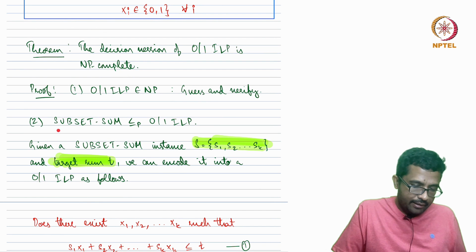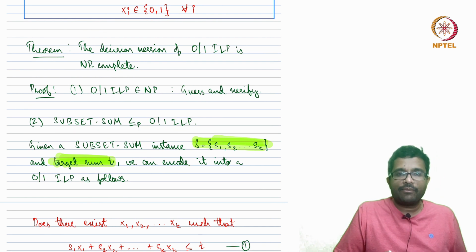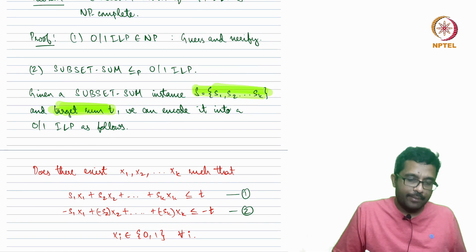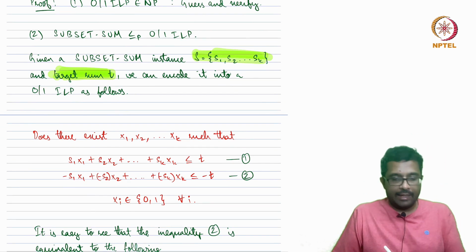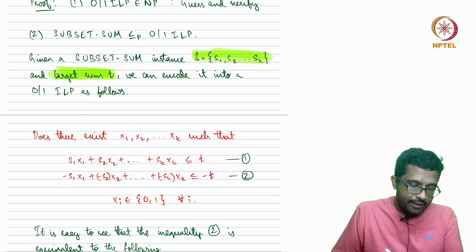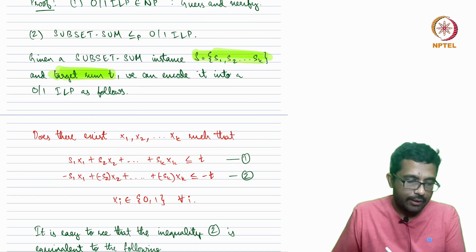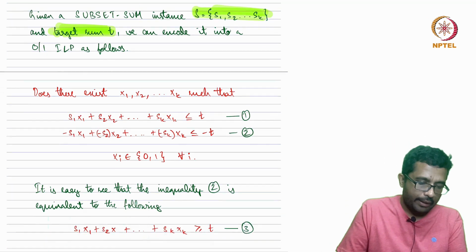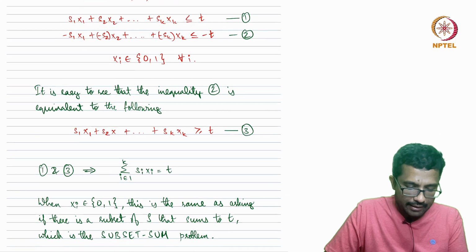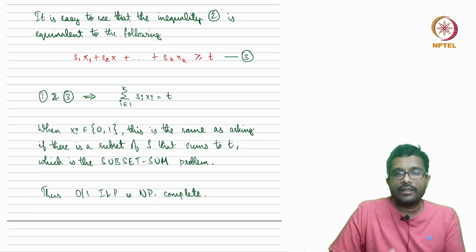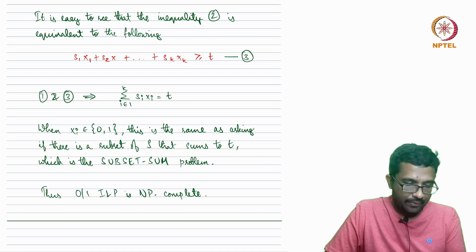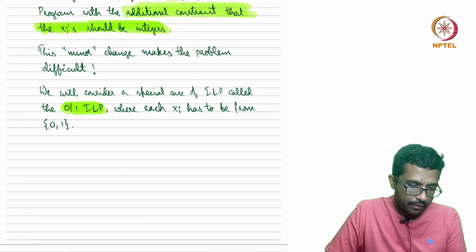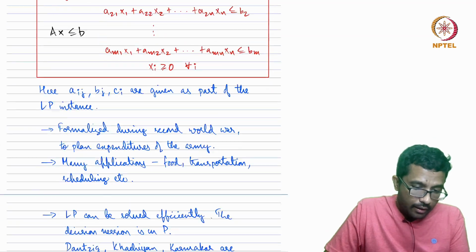The reduction is from subset sum, and once we have a subset sum instance, we can easily write down a 0, 1 ILP instance which is a YES instance if and only if the subset sum is a YES instance.